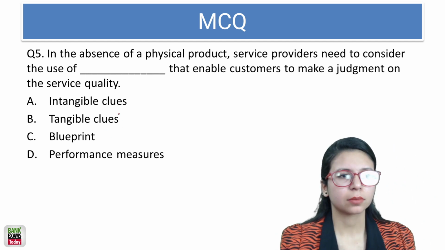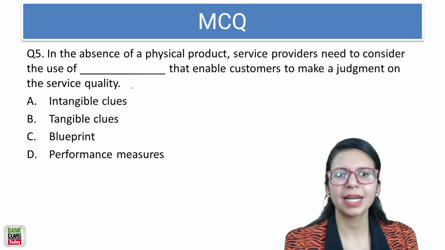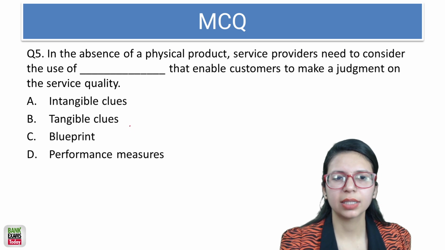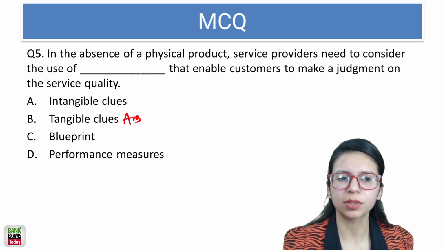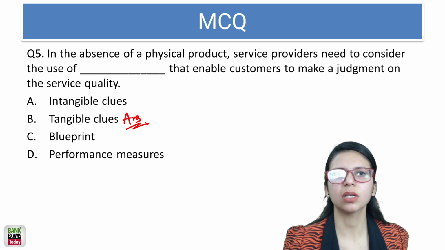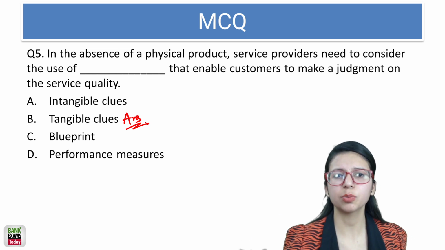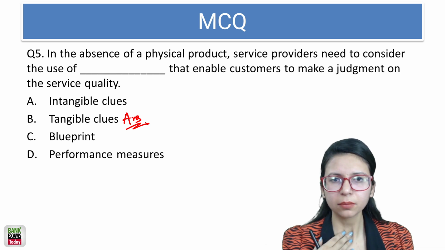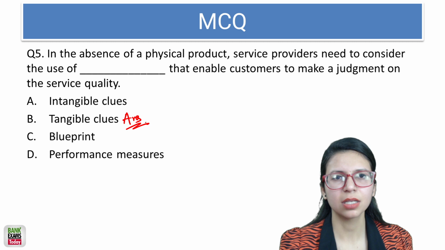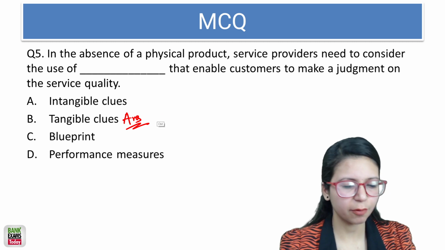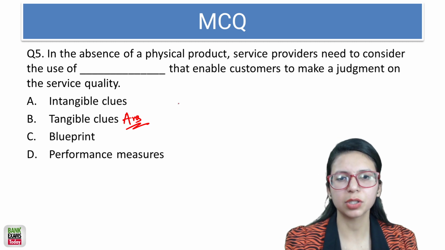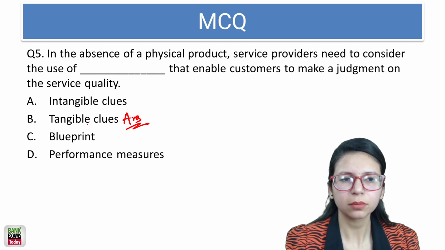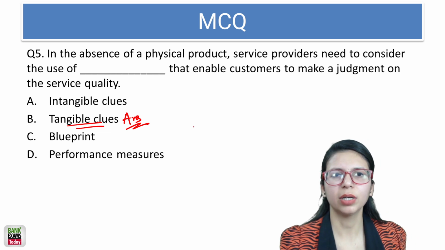So service providers need to consider the use of what? They use tangible clues to help customers make a judgment on the service quality. The tangible clues are what help us.